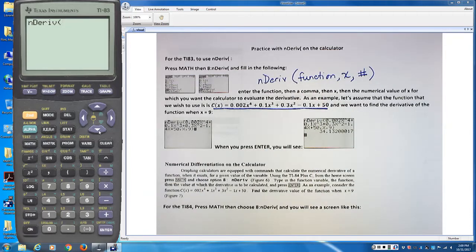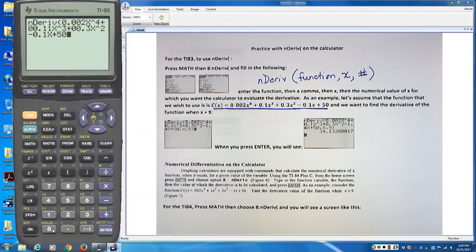So in the case of this particular problem, we're going to enter in the function 0.002 x raised to the 4th power plus 0.1 x raised to the 3rd power plus 0.3 x raised to the 2nd power, or squared, whichever you want, minus 0.1 x plus 50.